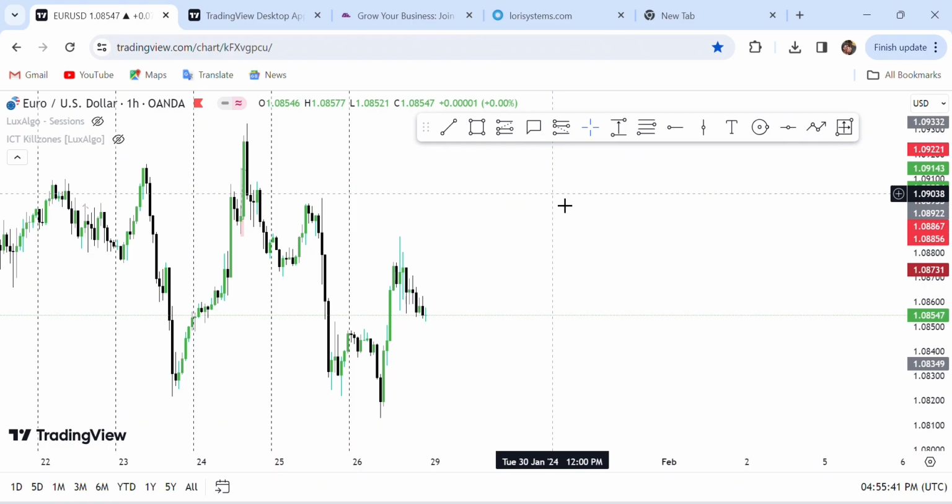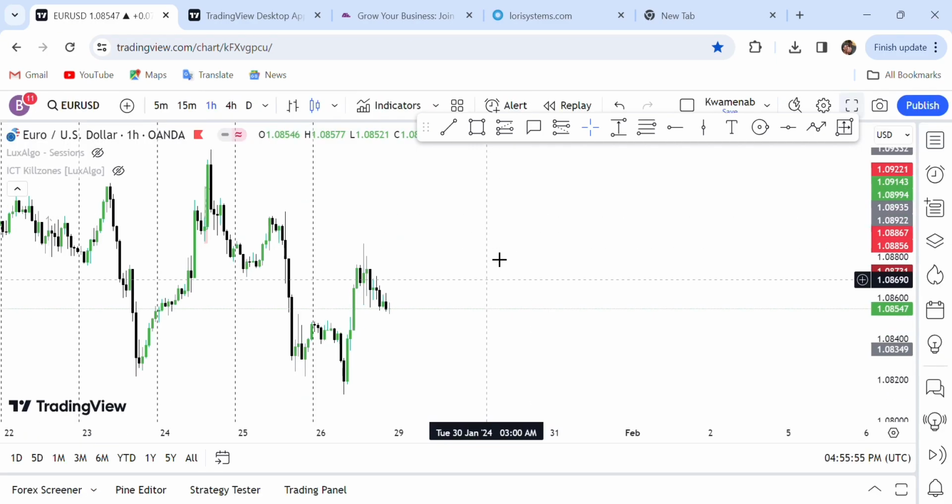Okay, so in this video, the first thing that we are going to do is, you can see that I have a bare chart over here. I don't have anything on it. The first thing is, I want you guys to add this indicator, ICT Kill Zones.